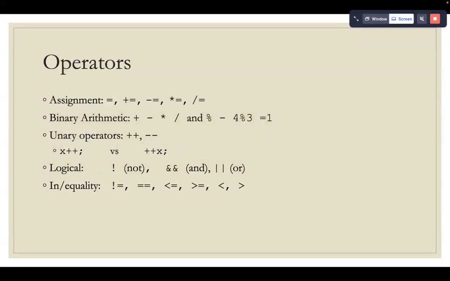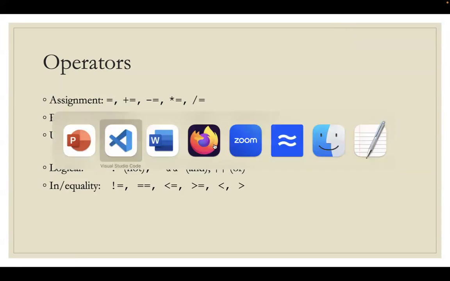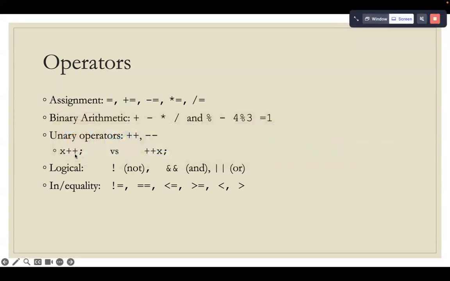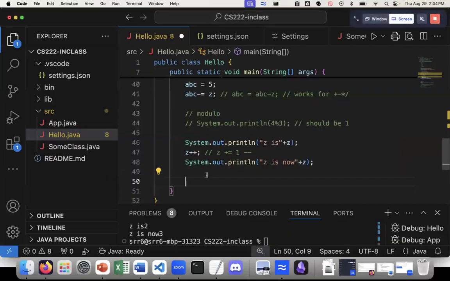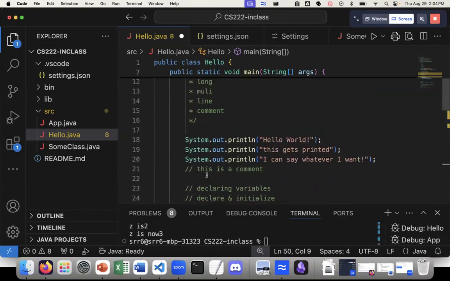There's a little difference, so you'll see that X plus plus and plus plus X, both of those add 1. So the plus plus operator just adds 1. And whether it's before or after the variable is just determining when that operation happens. So let's set up, do I have X?